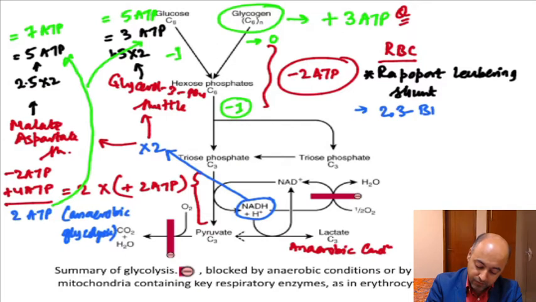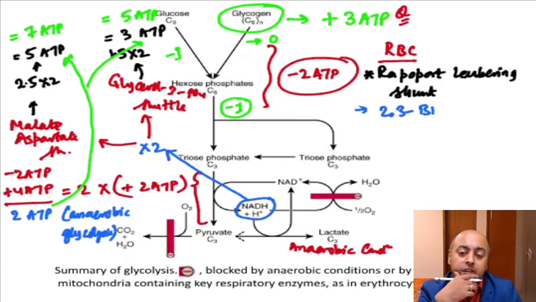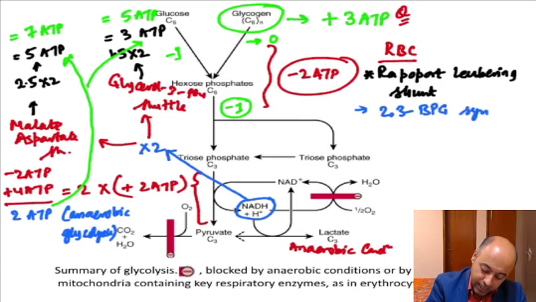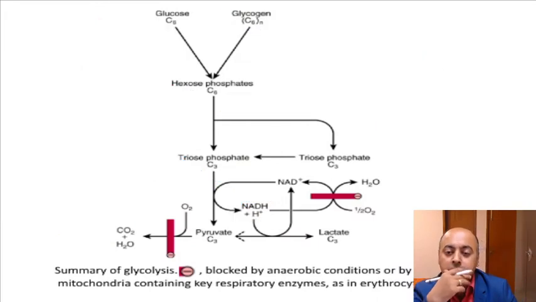As a result, if you're talking about glycolysis inside the RBC, in that case, our gain should be 0 or 1 ATP.